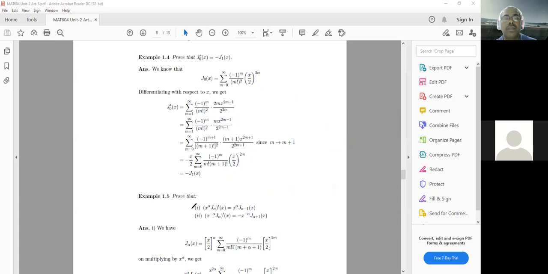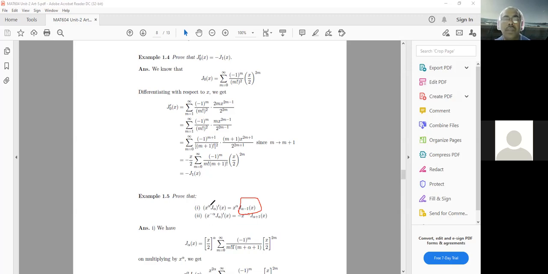Next example is we have to prove that, first result, the derivative of the product of x to the power alpha and the Bessel function of order alpha, J alpha, is the same as x to the power alpha into the Bessel function of order alpha minus 1.